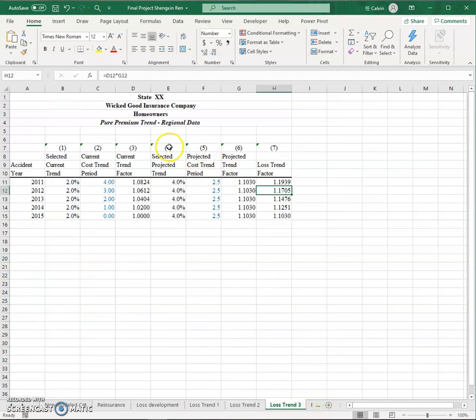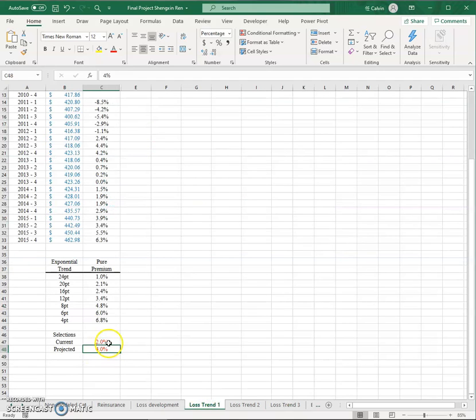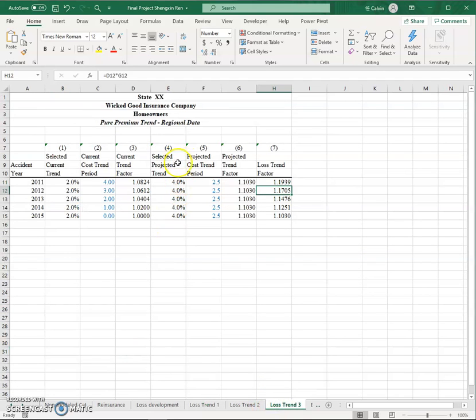So for loss trend 3, from accident year 2011 to 2015, the selected current trend is given here, 2.0, and the selected projected trend is 4.0. The current cost trend period and projected cost trend period are given.